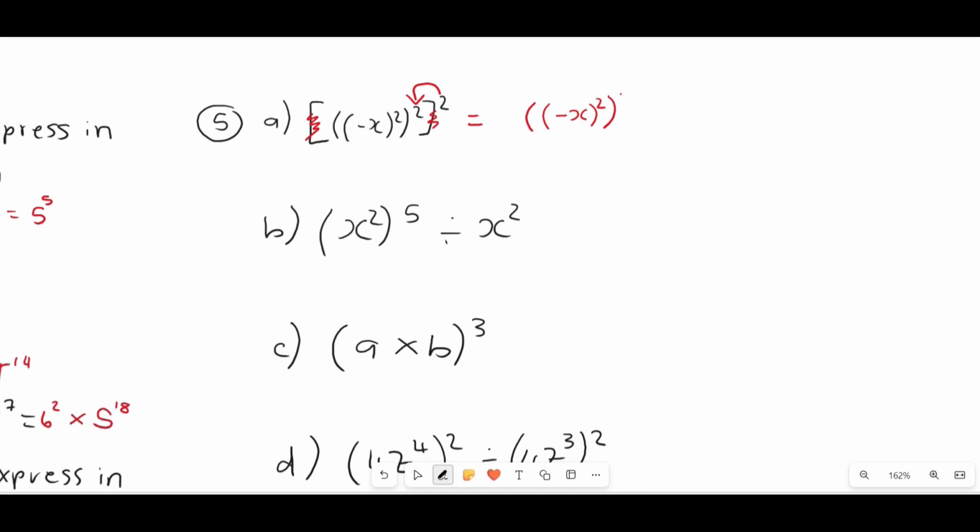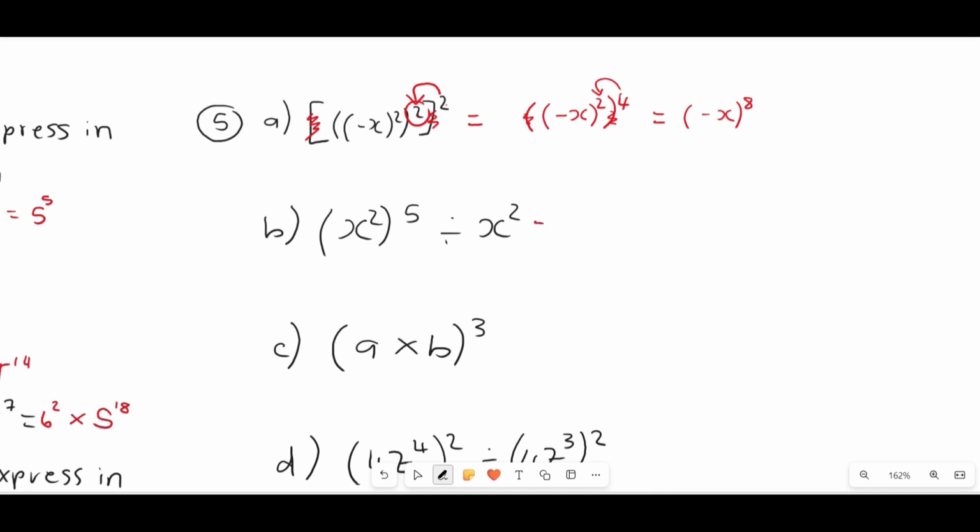And then what is left here? It will become 4. Because this 2 times this 2 gave us a 4. Now we can get rid of these outside brackets to make it even simpler. This will then become negative x to the power of 4 times 2, which is 8. And we can leave these brackets because we have a negative there. We can leave it in its brackets because there is our last exponent.